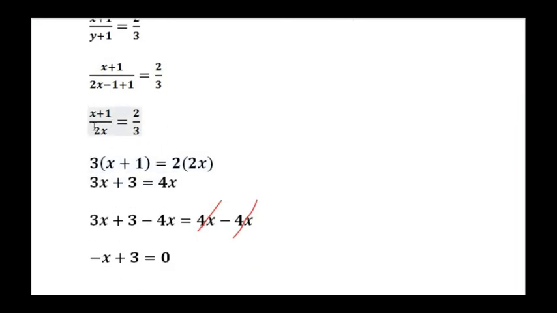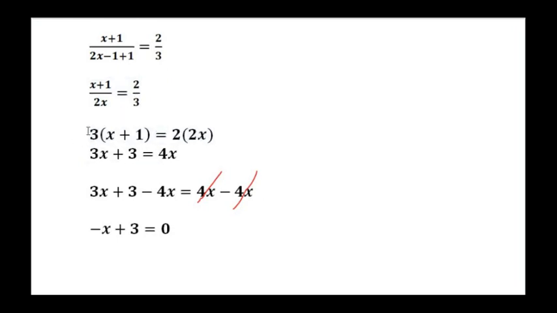Using cross multiplication, we can write this equation as 3 into (x + 1) equals 2 into 2x. Now, 3 times x is 3x, and 3 times 1 is 3. On the right side, 2 times 2 is 4x.